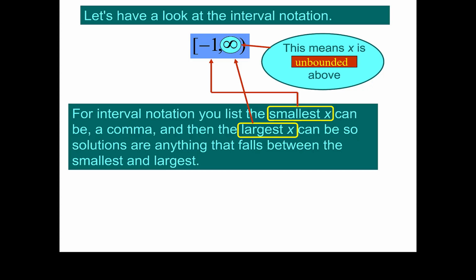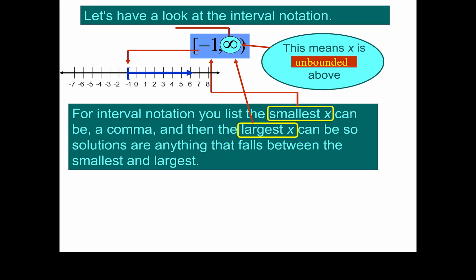This means that x is unbounded above. We never reach infinity. There's always one more larger number. And it goes on forever in that direction. There's a -1 and there's infinity.